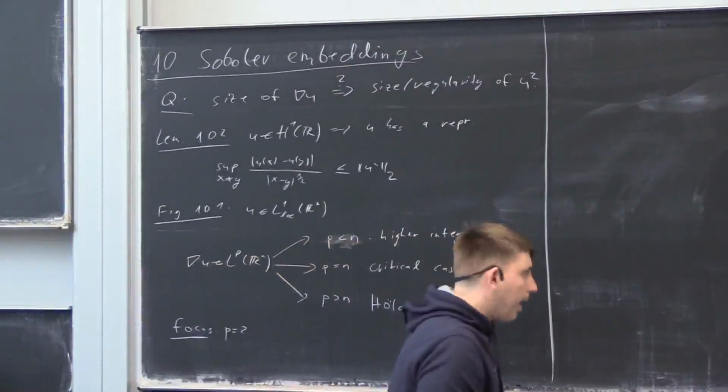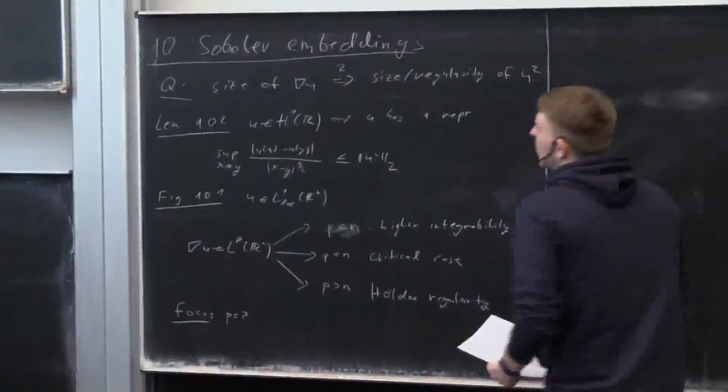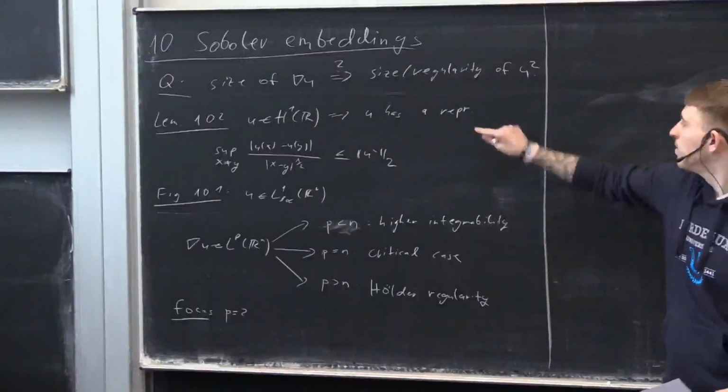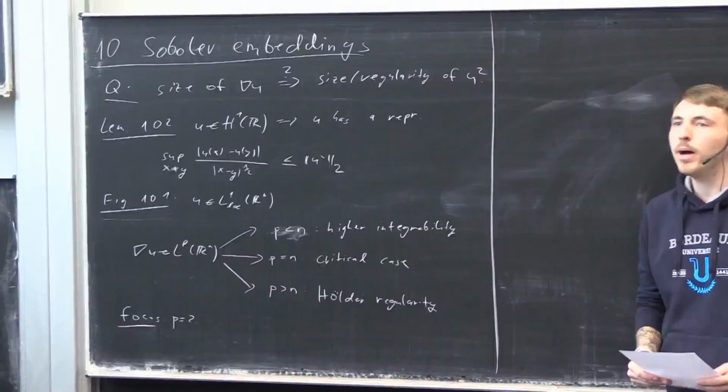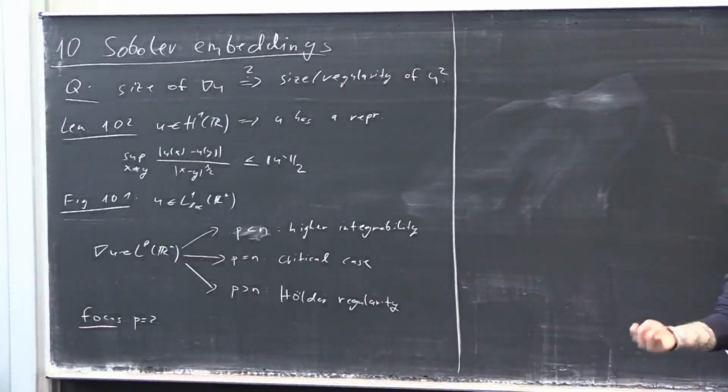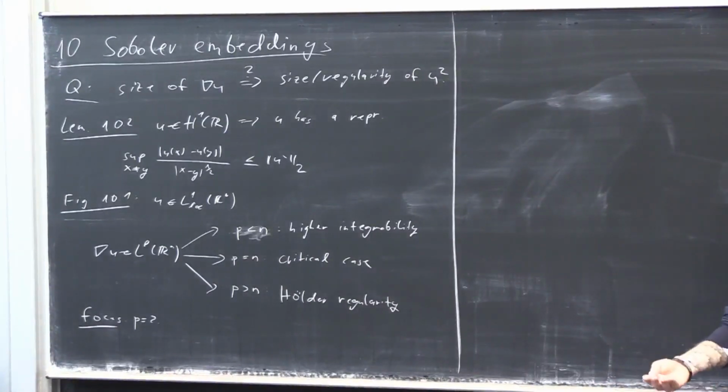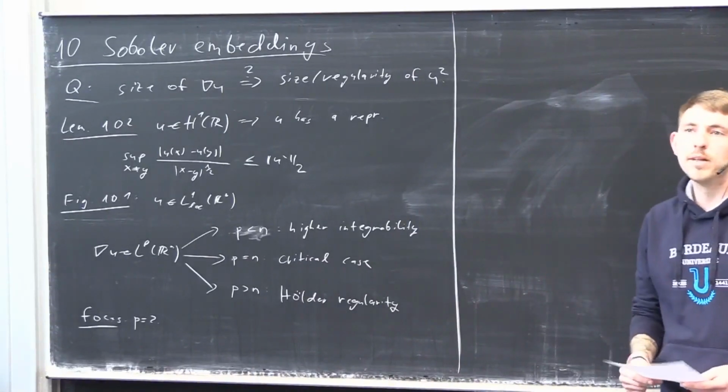Okay. I hope you all did the exercise that led to this lemma. There the central idea was we took u and represented it by a representation formula using the fundamental theorem of calculus. And then we could easily conclude this estimate.